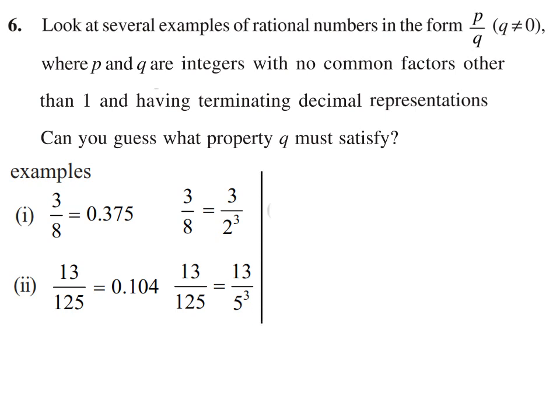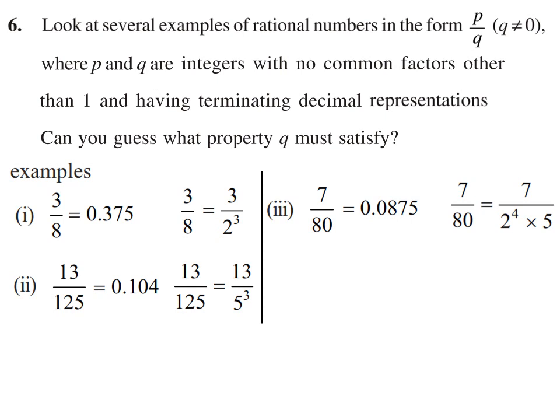Now taking one more example, the third one, 7 by 80. It has the decimal expansion 0.0875, again terminating. 7 by 80 can be written as 7 divided by 16 into 5, and we know 16 can be written as 2 to the power 4.